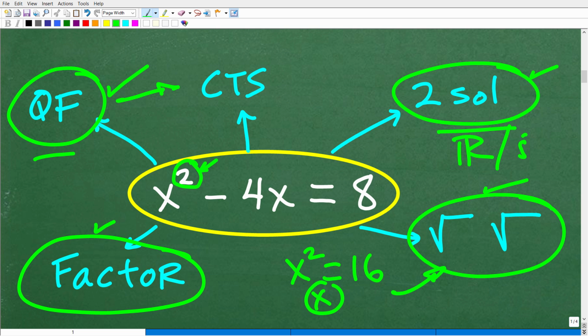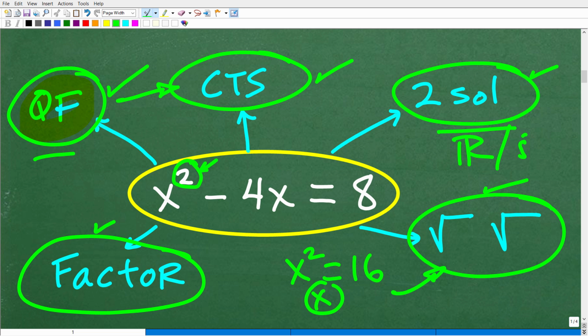And there is another cool technique called completing the square, which is kind of like the long version of the quadratic formula. It's something you need to understand, and a lot of students get confused about this as well. But we're going to be concentrating here on the quadratic formula. Okay. All right. So just a quick review of some things that you should know.